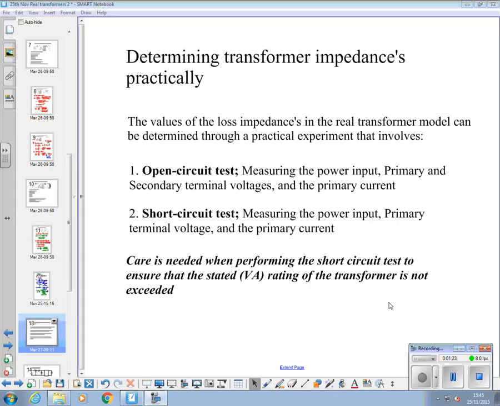And then we do a short circuit test, so short circuit the secondary, input a much lower voltage, taking care not to exceed the VA of the transformer, and we measure the power input, the primary terminal voltage and the primary current in a short circuit situation. Okay, and then the following example will demonstrate how we use those values to determine the values of the components we need for our model.